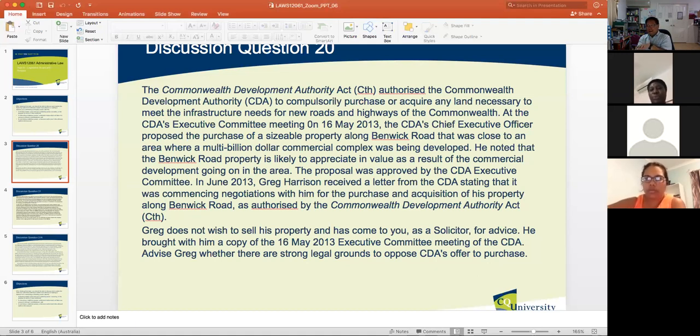Yeah, so here I would argue that the proper answer is that there is a strong legal ground to oppose the CDA's offer to purchase, because in the case of Brownells Limited versus Ironmongers Wages Board, the High Court ruled that the exercise of a power for a different or an ulterior purpose would be illegal and invalid. And in this particular case, the purpose of the purchase is not for the infrastructure needs, but it is for a different purpose, which is really about investment or speculation.